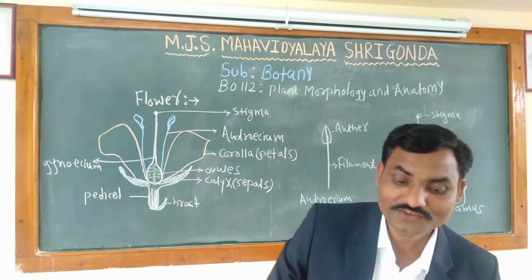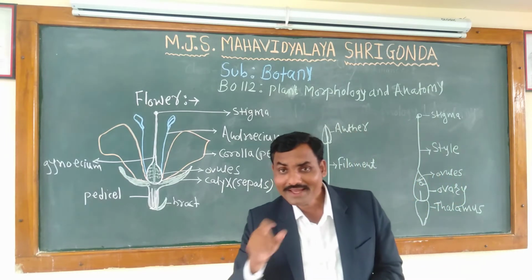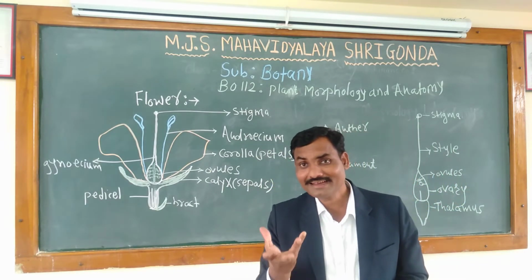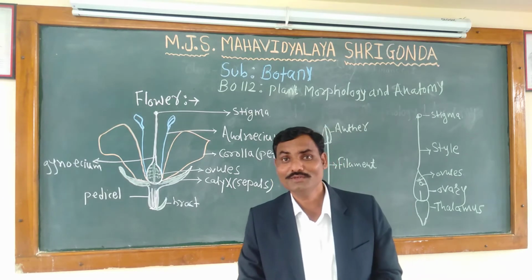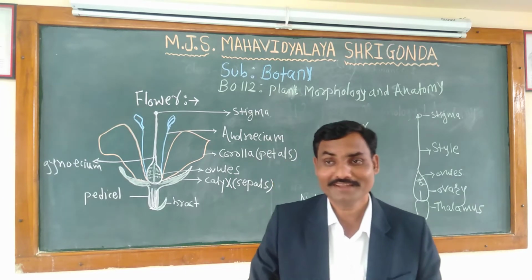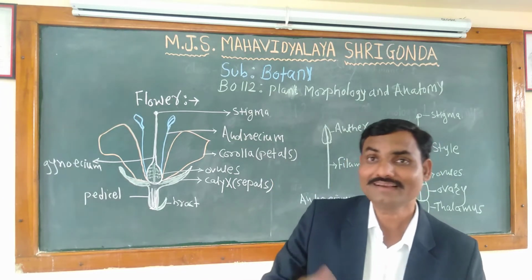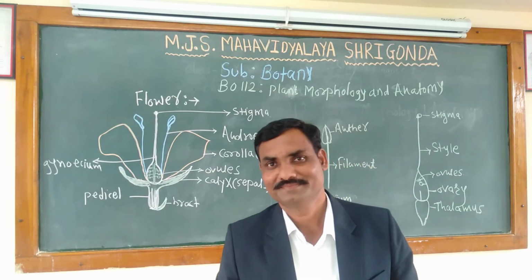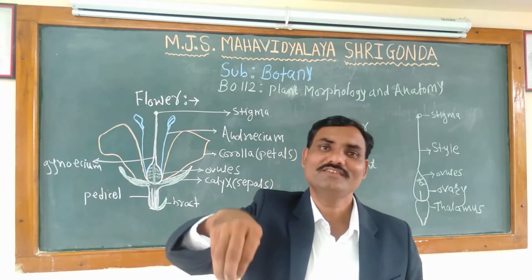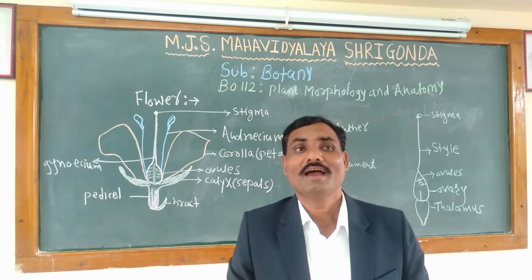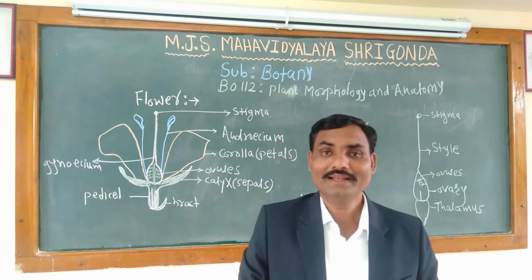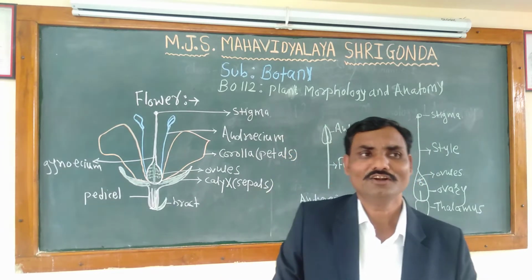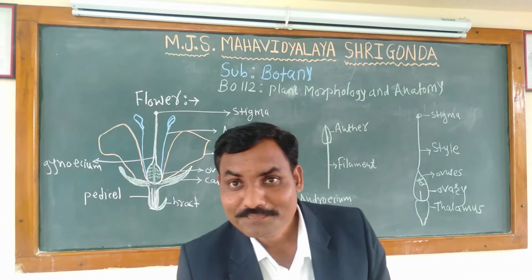That is called poinsettia. And bougainvillea. You know bougainvillea, there is a colored bract. And we say that is a flower. But that is actually not a flower. That is a colored bract. And the flowers are present inside that bract. And that bougainvillea, we generally call it as kagdiful.